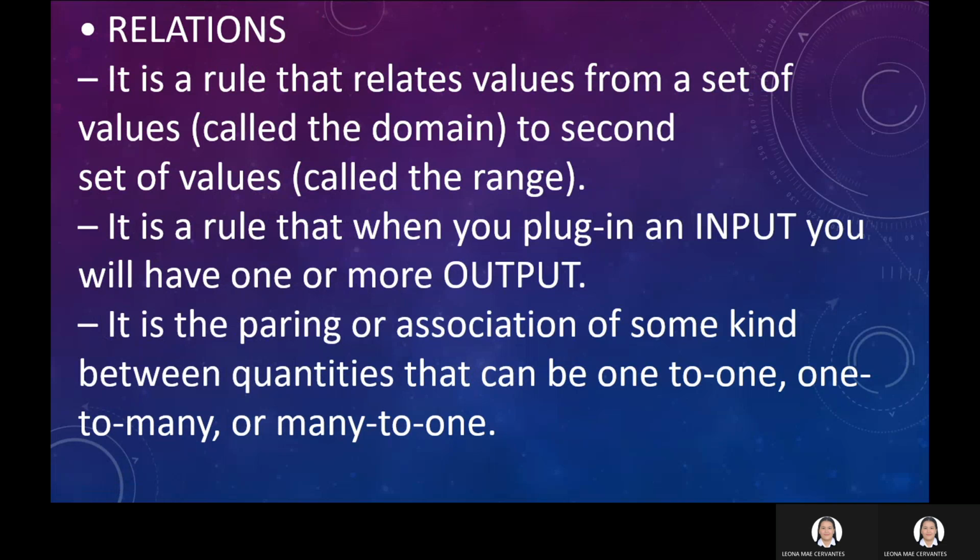So a relation is a set of ordered pairs. If x and y are elements of these sets, and if a relation exists between x and y, then we say that x corresponds to y or that y depends on x. We may represent it as the ordered pair x, y.